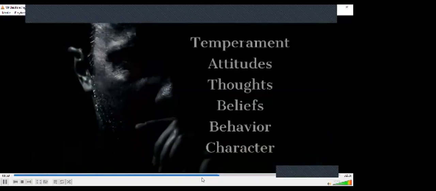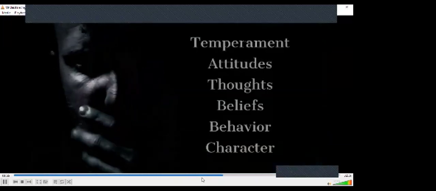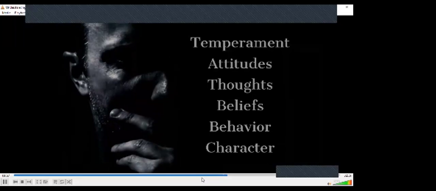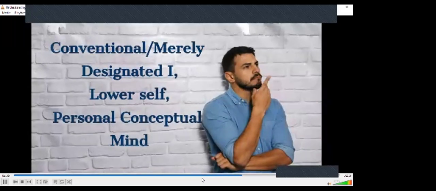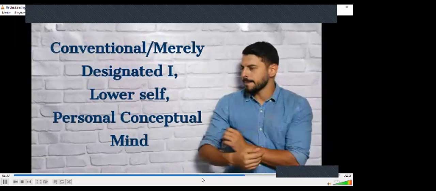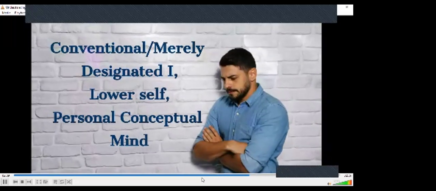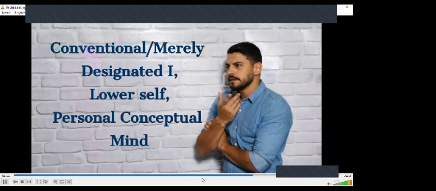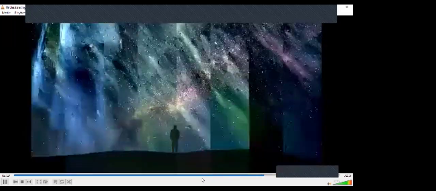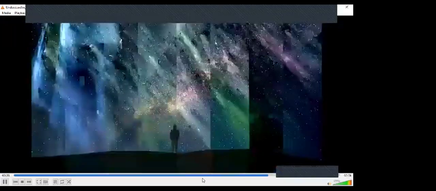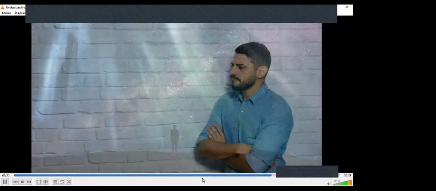One's temperament, attitudes, thoughts, beliefs, behavior, and character are all products of the ego's mental mindset. This is the conventional and merely designated I, the lower self, the personal, conceptual mind. To identify with the personality and the thinking mind is a limitation. Reality has no name.